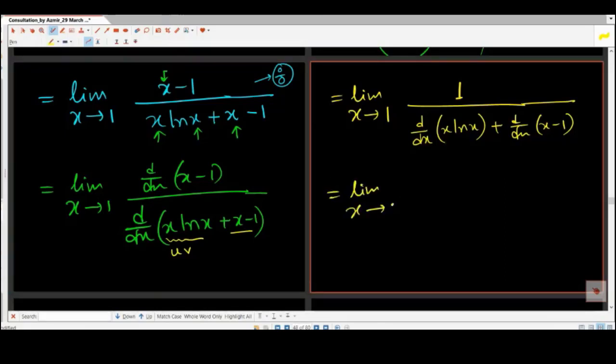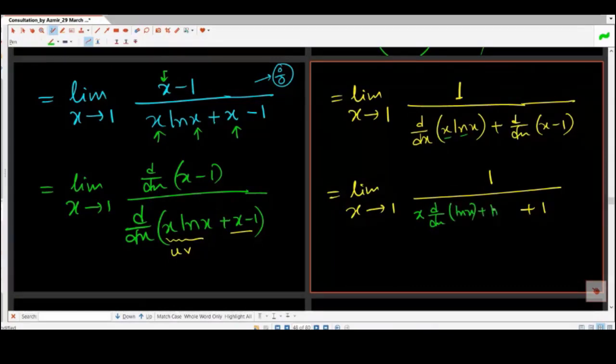So limit x tends to 1, 1 over, there is something here, plus differentiation of x is 1. Differentiation of negative 1 is 0. So we have just 1 here. And now we can see that we have u times v. So the derivative of u times v says that u d/dx of v plus v d/dx of u.